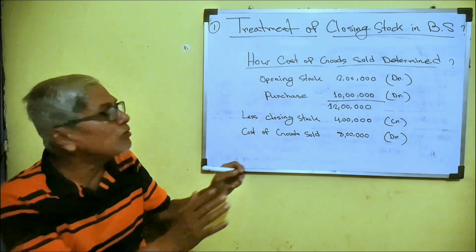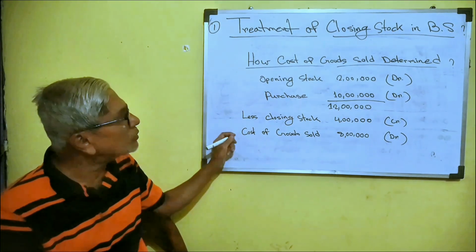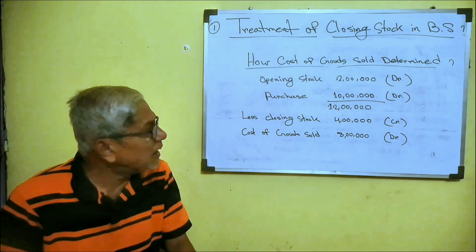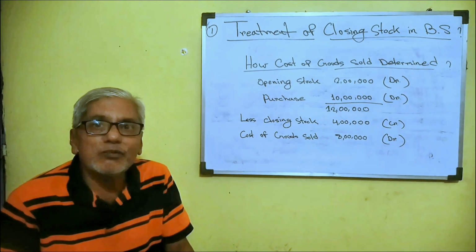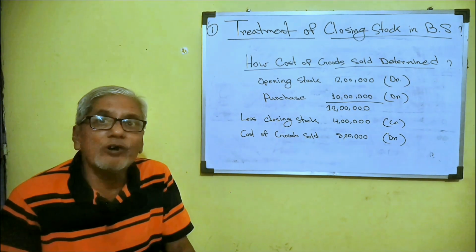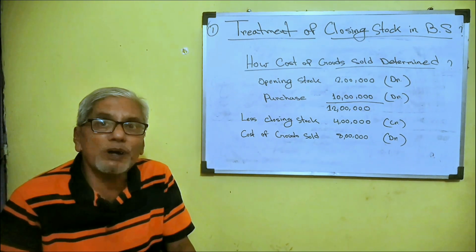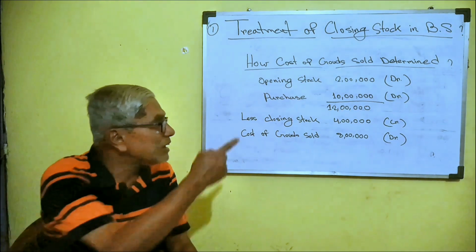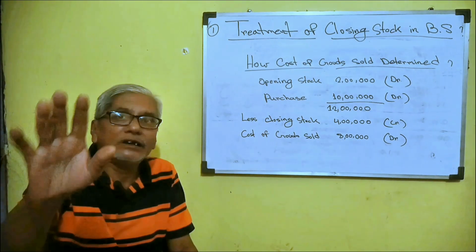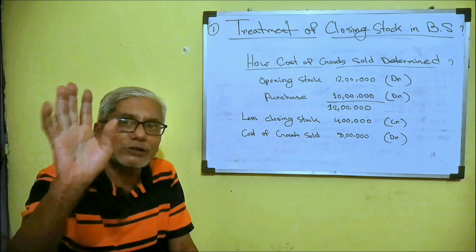In the profit and loss account, you have to show cost of goods sold debit 8 lakhs. We have sold 4 vehicles, 4 into 2 lakhs 25,000 each, 9 lakhs. 9 lakhs minus 8 lakhs is equal to 1 lakh profit. Now there is no doubt that profit is coming 1 lakh rupees.